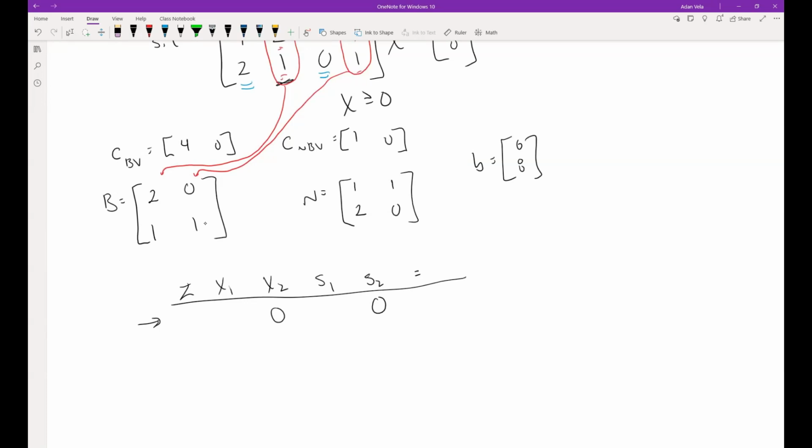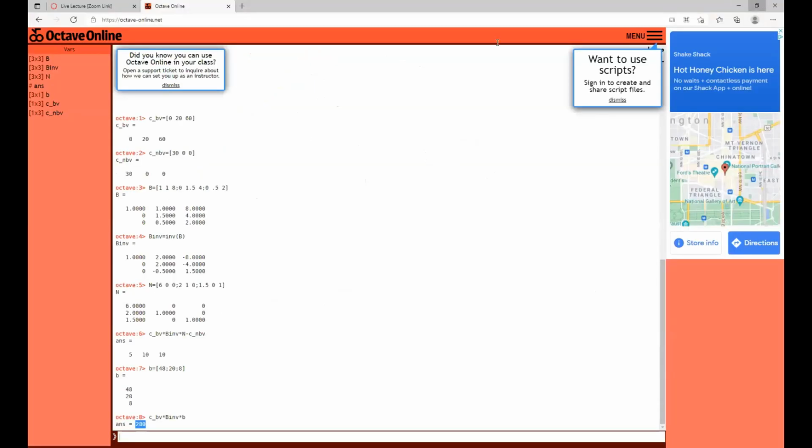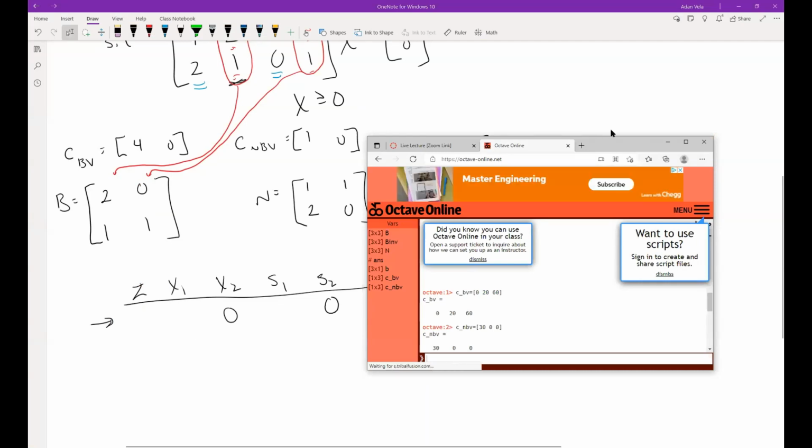The way we calculate that is by calculating CBV B inverse N minus CNBV. This is our row 0 calculation. Let's do that in Octave Online, and I'm going to have to look at both at the same time.